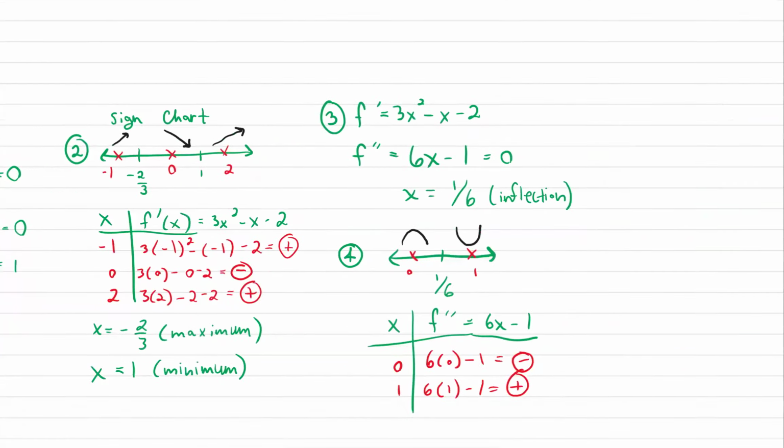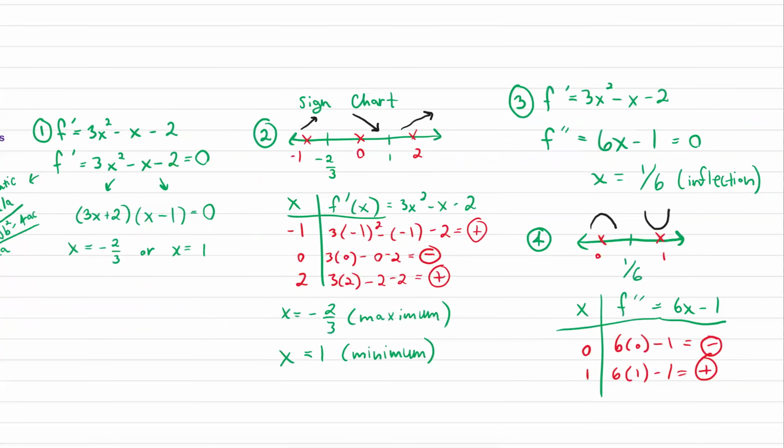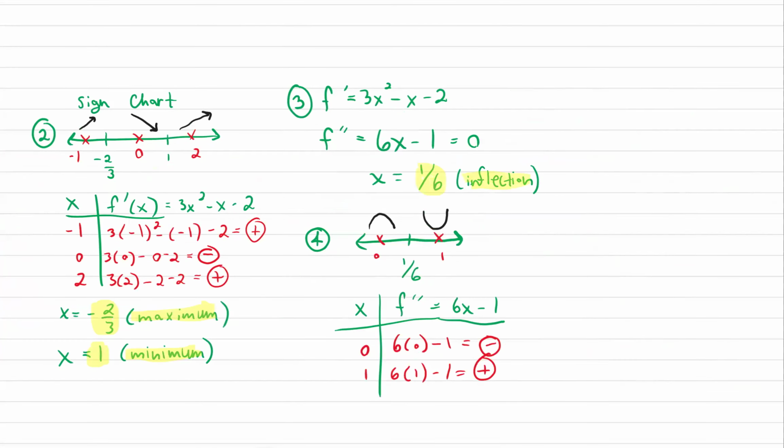So which points are we going to plot? The critical points we got from either of these steps in derivatives. So we had these values, or maybe I should highlight. Over here, those x values are important. And finally, our one inflection point of 1/6, that is also important.